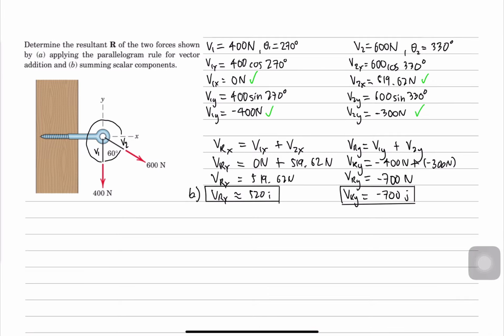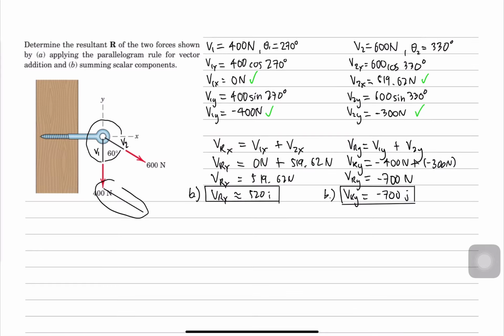We first solved letter B, because we need B to solve A. Since we need to apply the parallelogram rule, in case you don't know, we basically make a parallelogram with these vectors. So it should look like this.